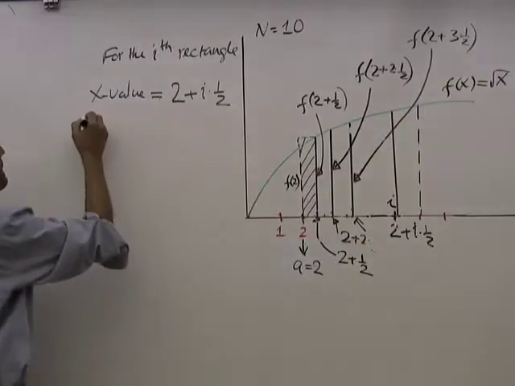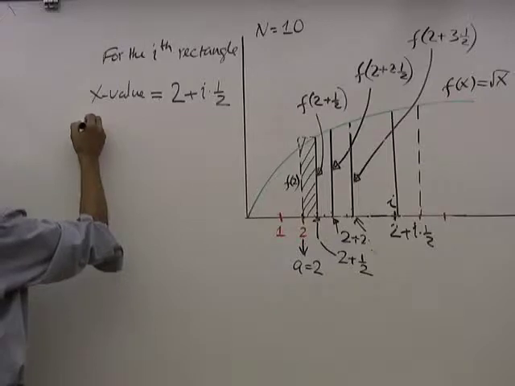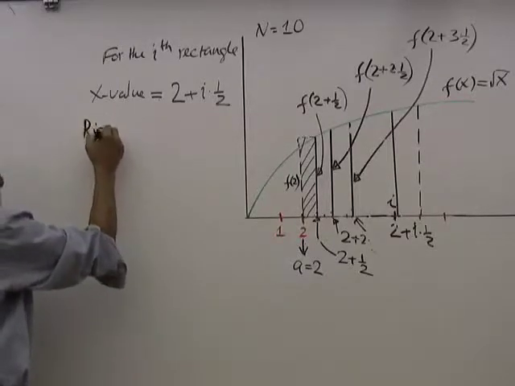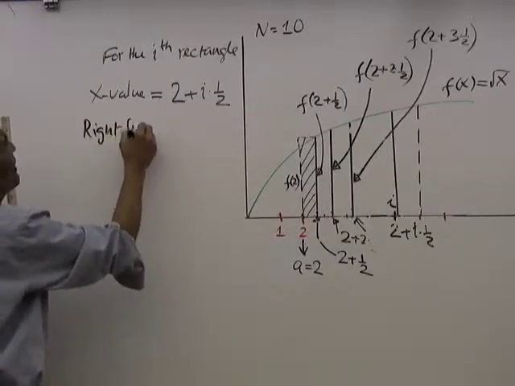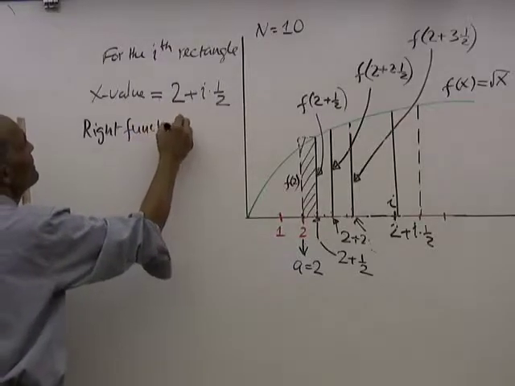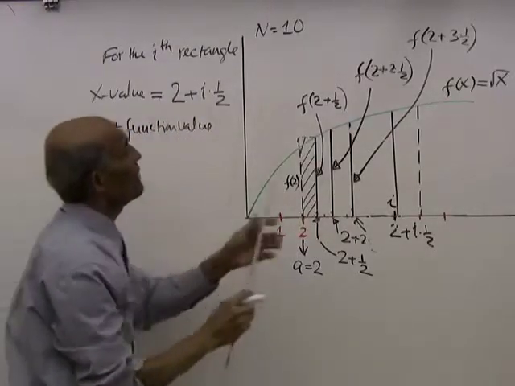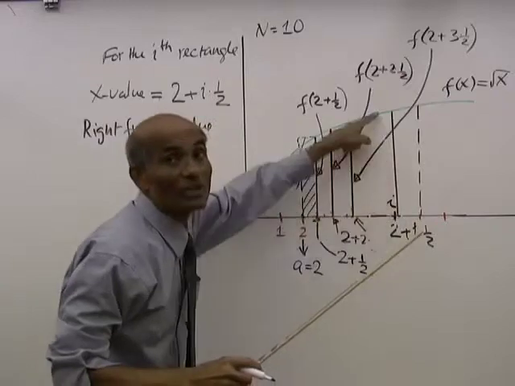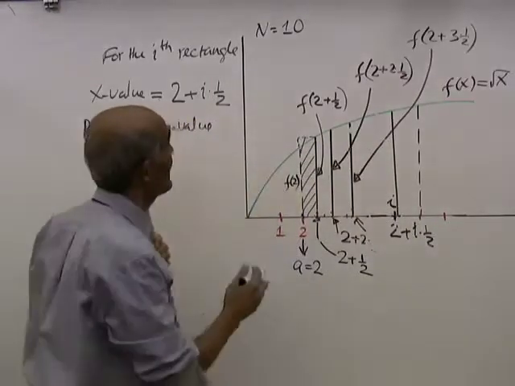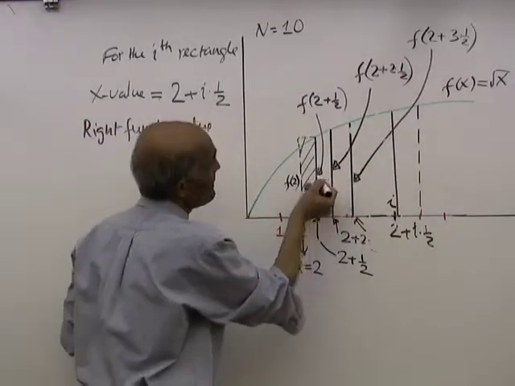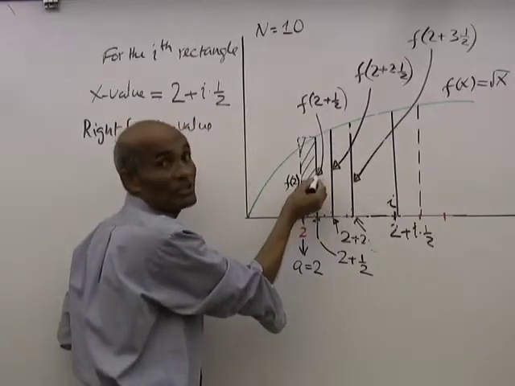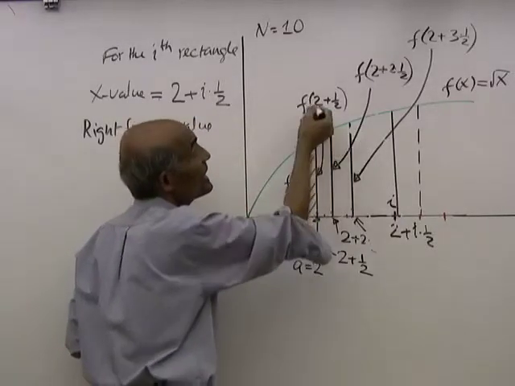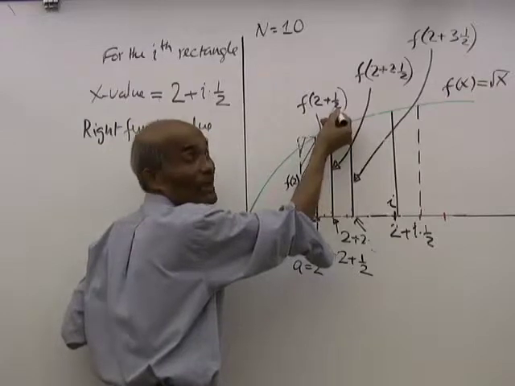Now, what is the right function value? In other words, what is the height of the rectangle on the right side? The height of the first rectangle on the right side will be f of 2 plus 1/2.